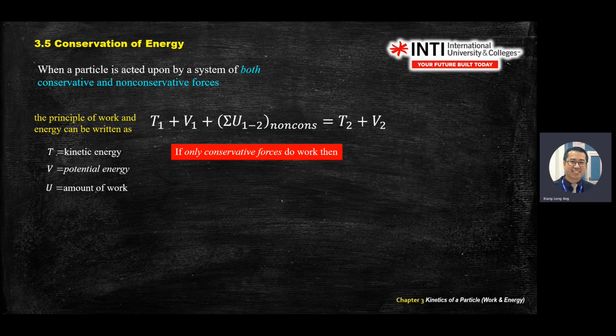Plus the work done by non-conservative forces, because here you involve friction and other forces, right? Then the right-hand side is the kinetic energy and the potential energy. If the question asks you to consider only conservative force, you cancel the middle one, the work for non-conservative.